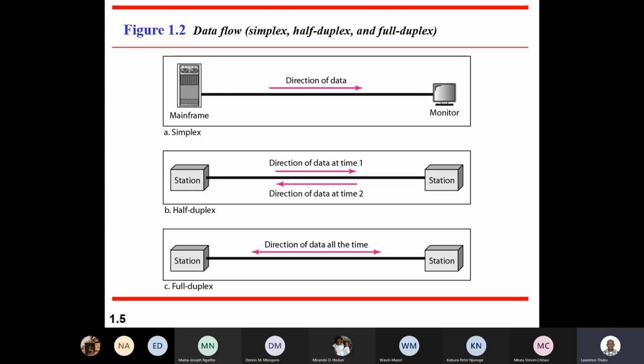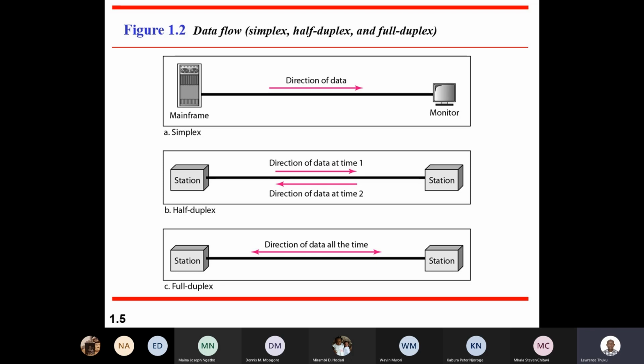Then, of course, you have what you call half duplex. Half duplex is where data direction is on two ways, yes, but it has to wait for the other station to receive it and respond to what you are doing. So you have to wait.